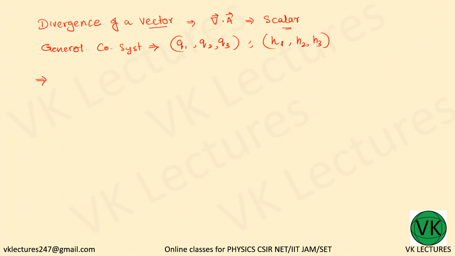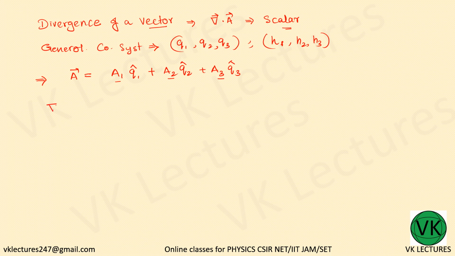It can be written as, for any vector A, A equal to a1 q1 cap plus a2 q2 cap plus a3 q3 cap. This is the value of each quantity in each direction, q1, q2 and q3.